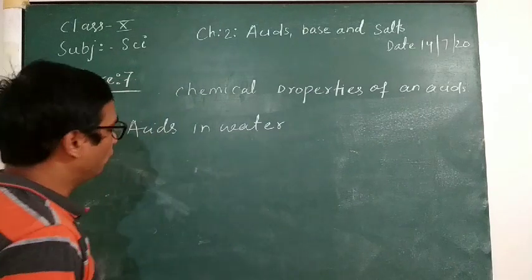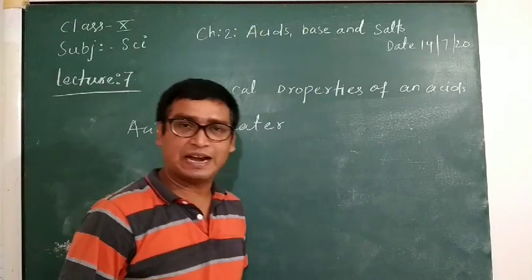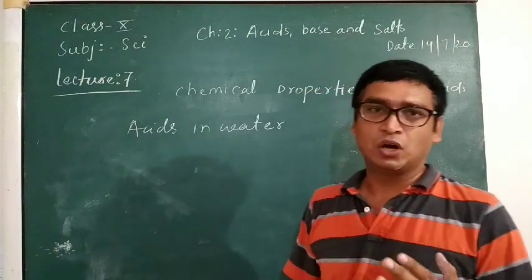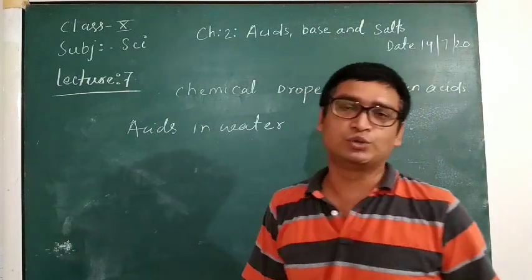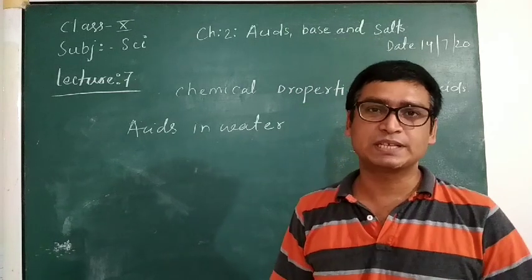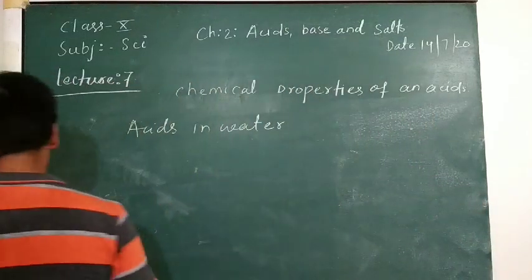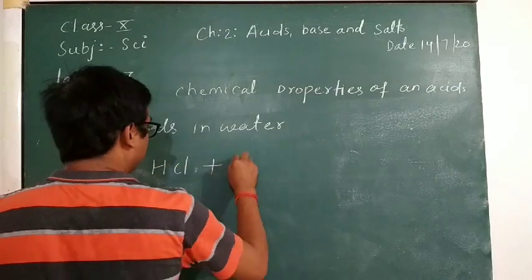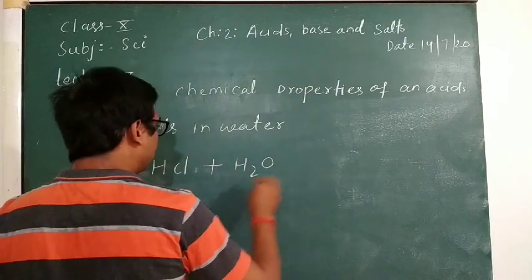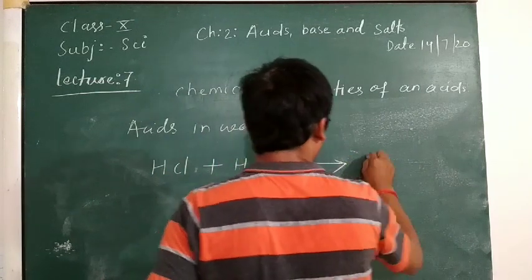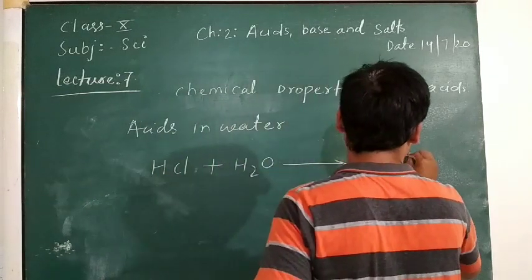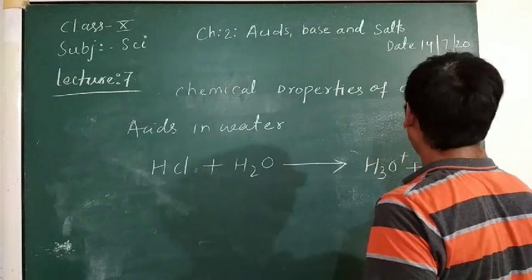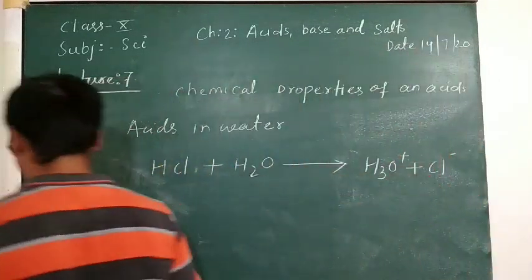We know that in the previous lecture we had discussed that acid dissolves in aqueous solution and produces H plus ions. In a similar way, some acids like HCl plus water will dissolve and form H3O plus hydronium ion and Cl minus as a negative ion.